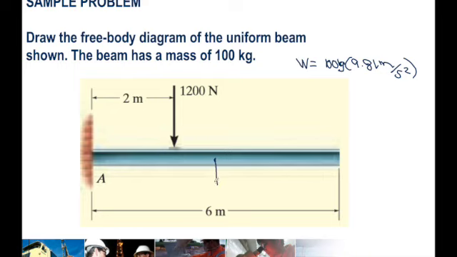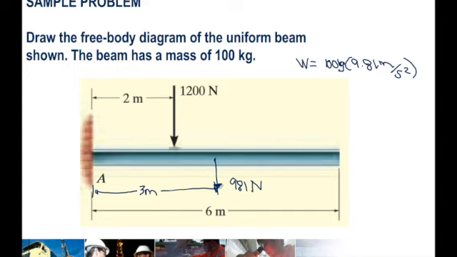It should be applied at the centroid, or center of gravity, of the beam. In this case, that would be 3 meters from point A. So the weight of this beam would be applied here, and that is equal to 981 kilogram meter per second squared, that is, newtons.